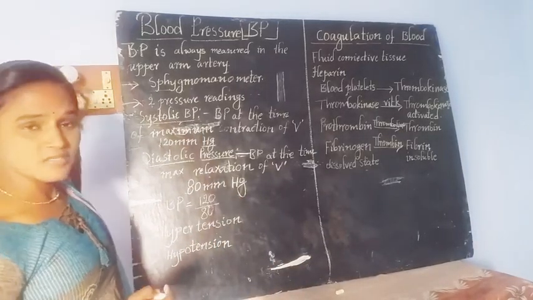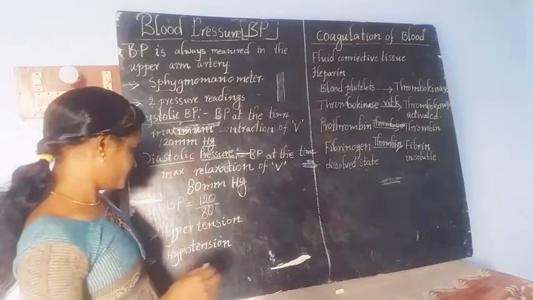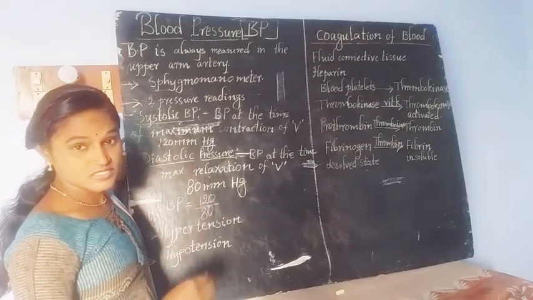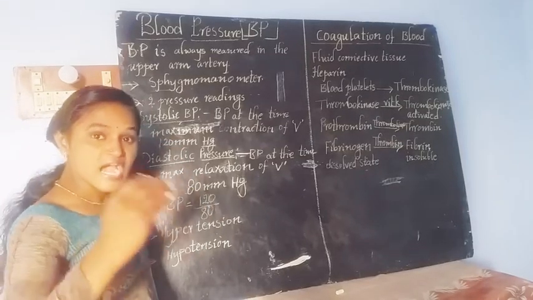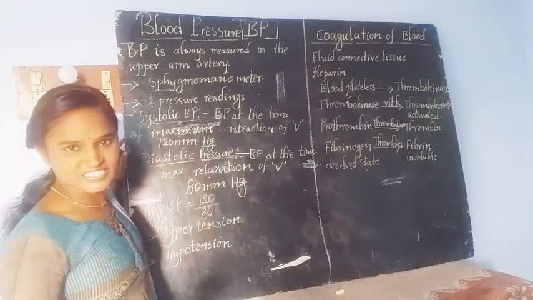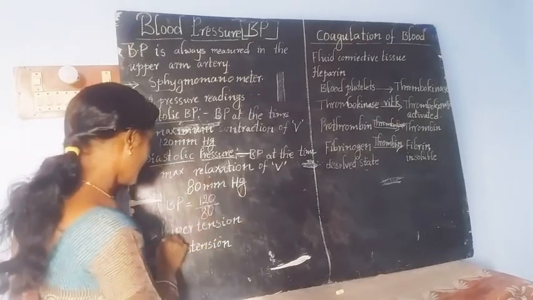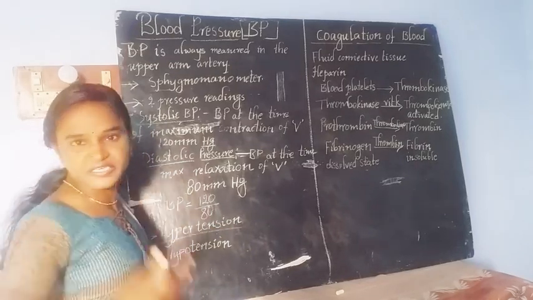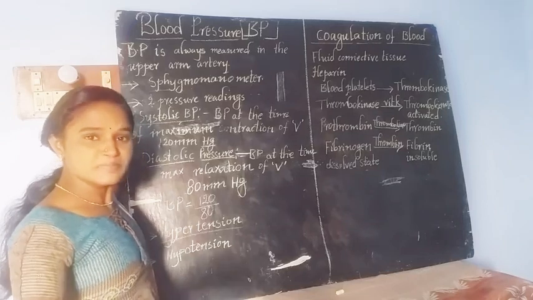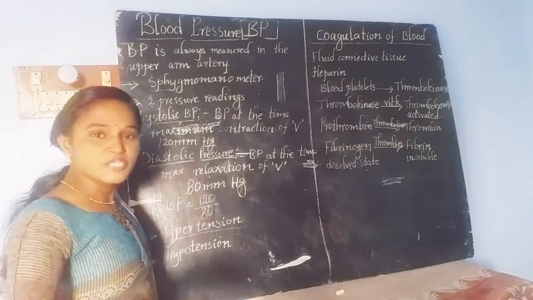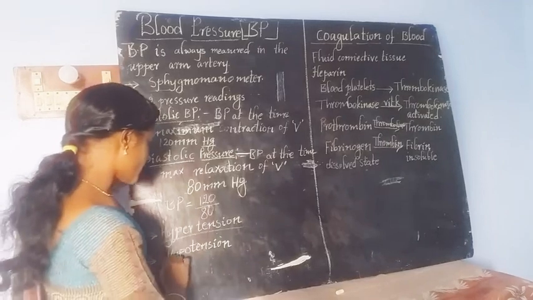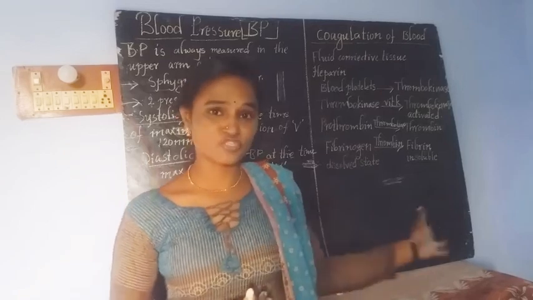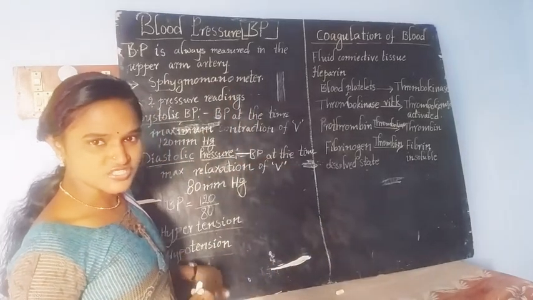A person who has high BP during the resting period is said to be in hypertension, that is, high BP. People who have low BP during the resting period are called hypotensive. That condition is called hypotension.